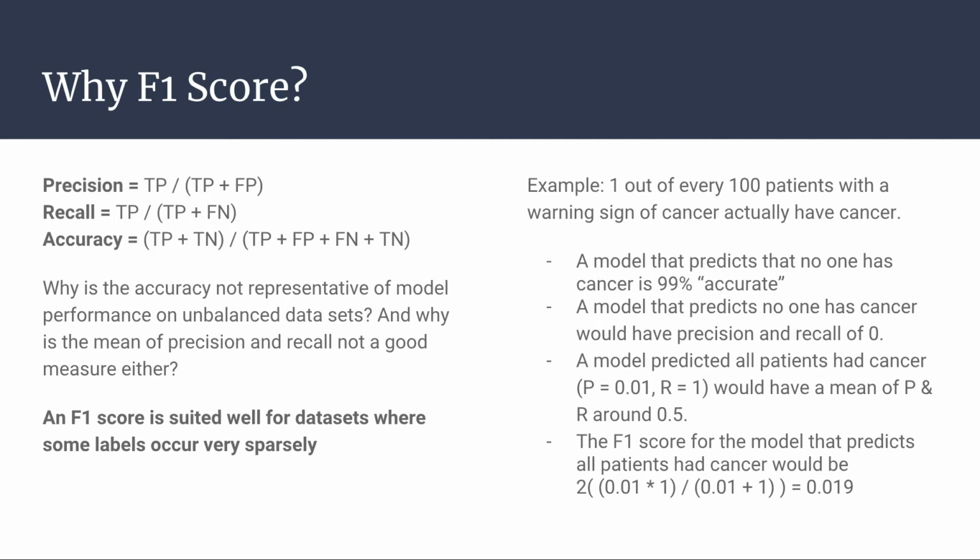If we look at the F1 score for this model that predicts everybody has cancer, when you plug those precision and recall into the formula, you get about 0.019. That's a much better indication of how good this model actually is, which is very bad. So on data sets where you have very sparse or very imbalanced data, the F1 score will give you a really good indication of how well the model is performing.